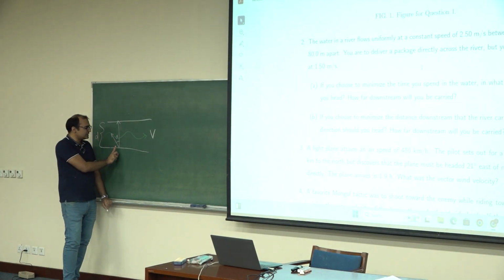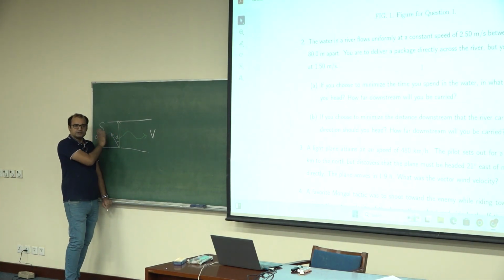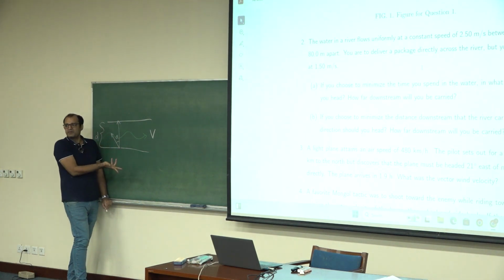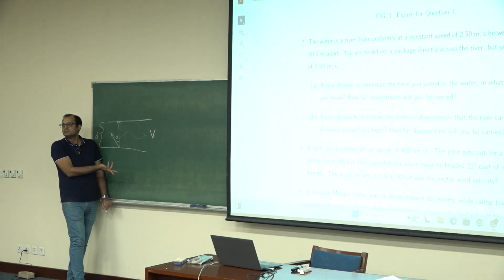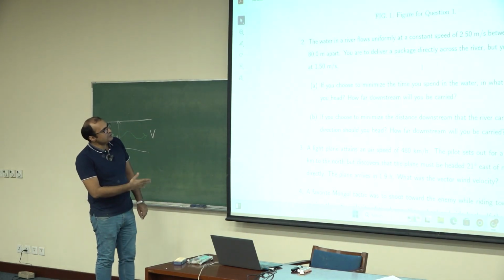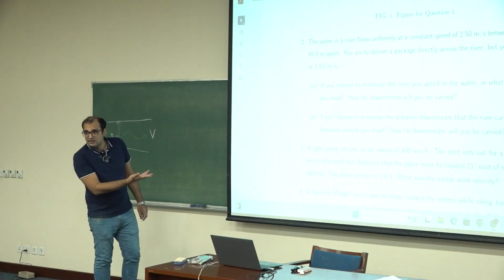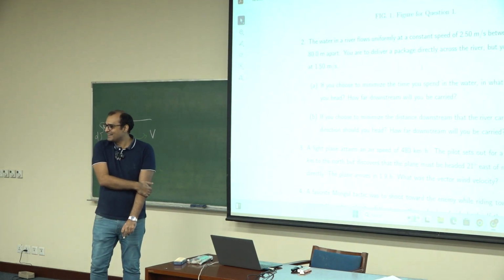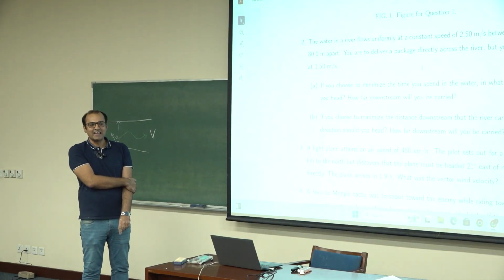If you just keep on swimming that way, sure, you'll go some distance downstream, but never mind. Your velocity across the river is 1.5 meters per second. So the time taken will just be equal to, believe it or not, 2.5 divided by 1.5. Okay, that is your answer. That is the time taken.